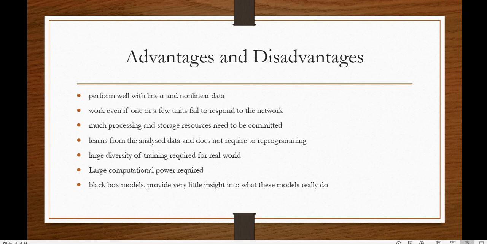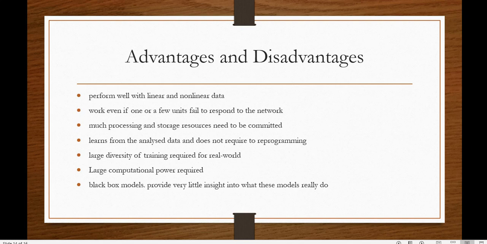Now, much processing and storage resources need to be committed. As you know, it requires huge computation power. That means you need a strong system to build this ANN from your training data and to train it. You need processing power, you need storage, and you need time as well.